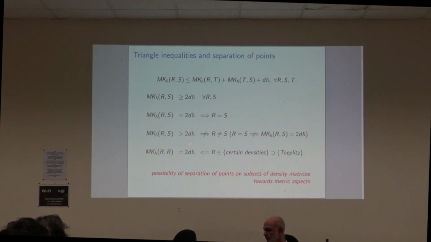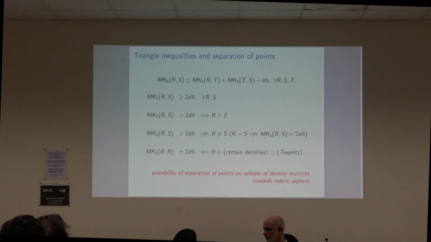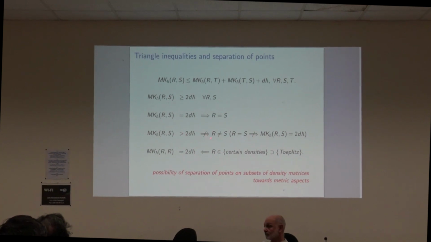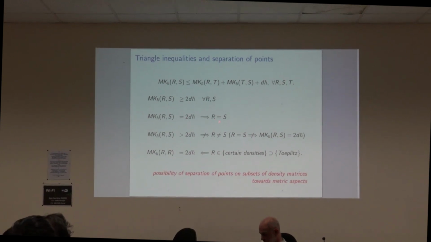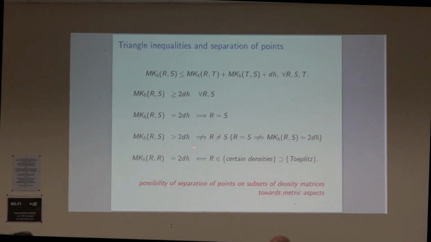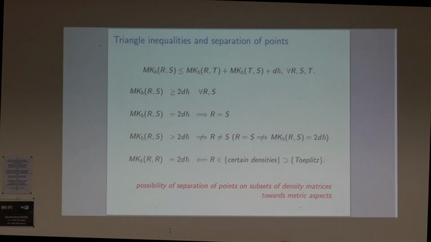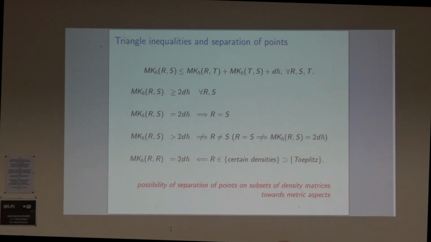But on the contrary, it can be strictly bigger than 2D H bar without ρ being different from σ. Otherwise, you can have density matrices for which the distance between the density matrix and itself is still strictly positive and not zero.